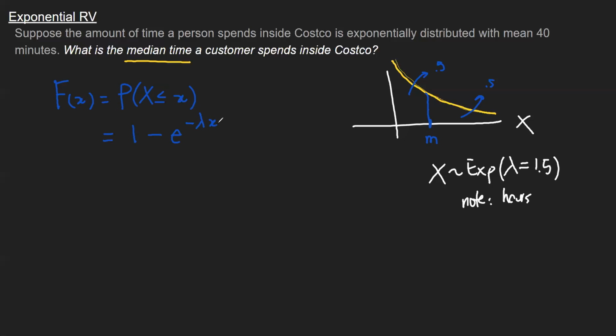So as long as I know the area to the left, I can shove it in here. What I know in this problem is that I'm looking for the median. That means my area to the left is 0.5, and I'm trying to find this value m where that happens, right? So in this formula here, I'm just plugging all my parameters in, and this is the m that we're looking for.